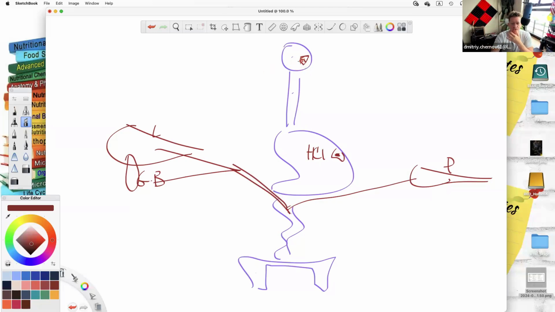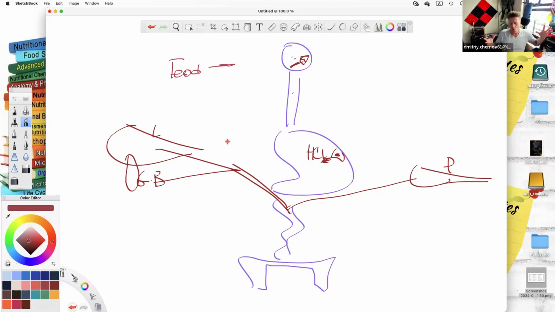Oral glands, or salivary glands, produce their chemicals. The stomach produces chemicals. So while this food, let's call it bolus, because you consume food in the oral cavity by chewing, chewing is called the process of mastication, breaking down food particles.